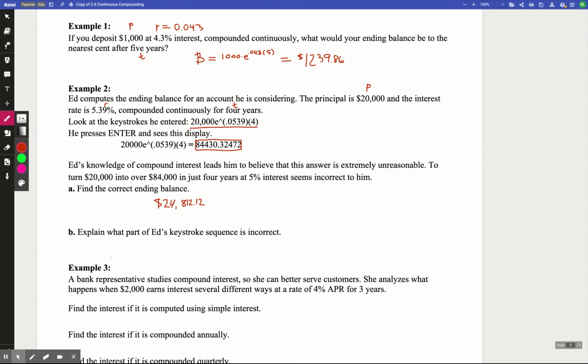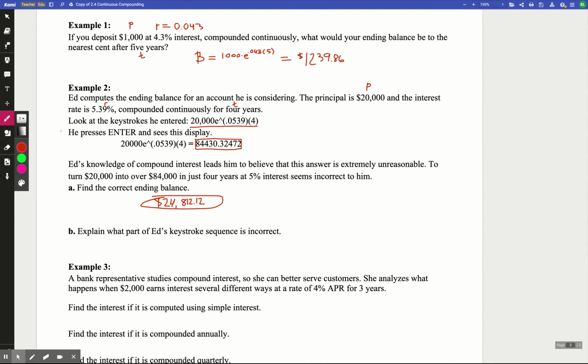So if you have a scientific calculator, go ahead and try typing that in so that your answer matches mine. And from there, think about, how did what you typed in differ from what Ed originally typed? So go ahead and pause the video to try that out, and then press play once you've got an idea.